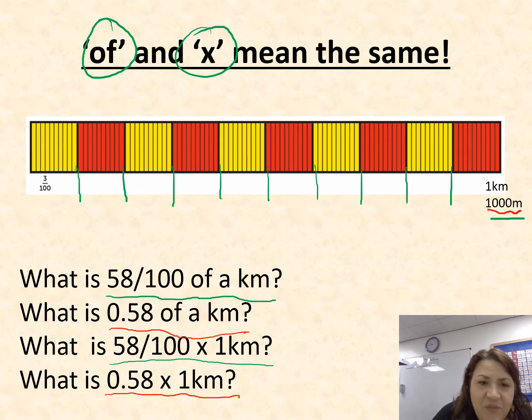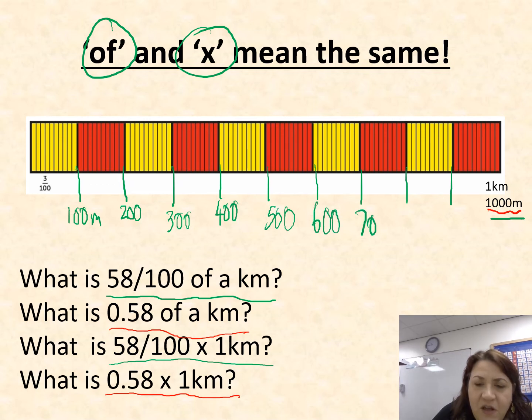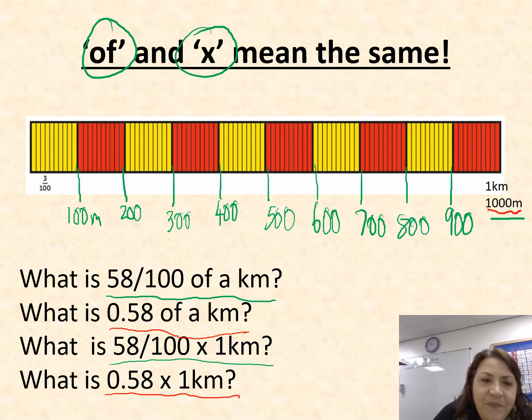If I divide 1,000 by 10, it's 100. So each of those has got to be worth 100 metres. So I would have 100, 200, 300, 400, 500, 600, 700, 800, 900, and then 1,000.